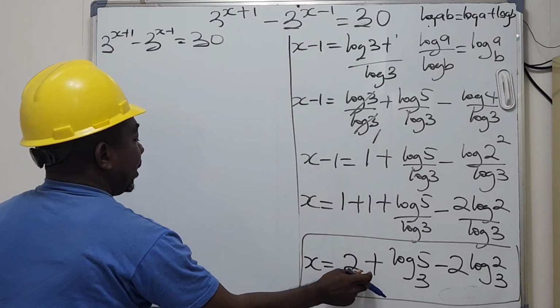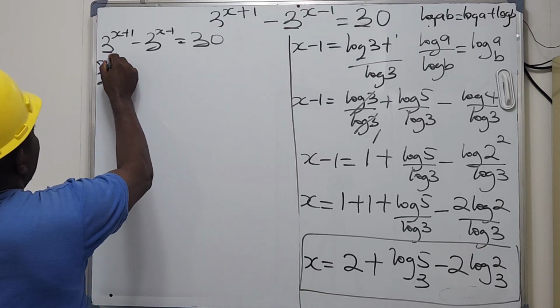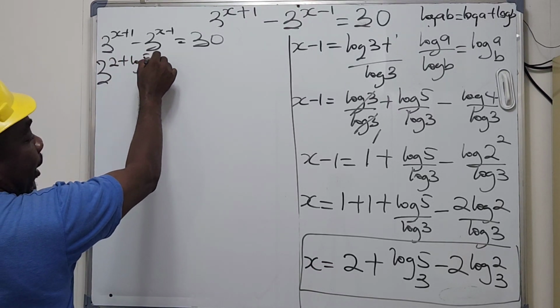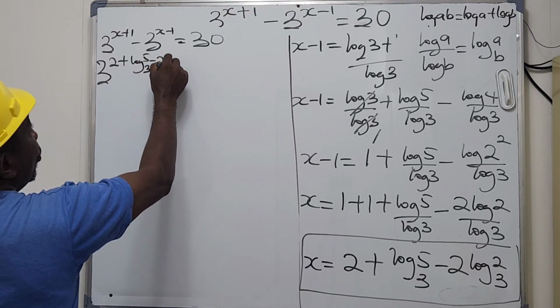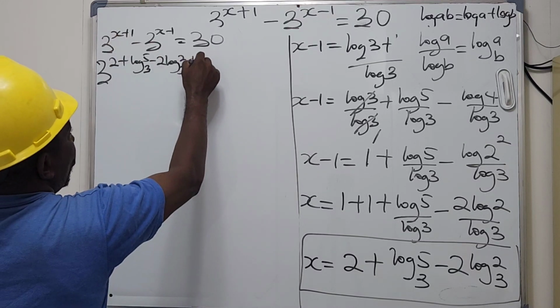So let's try that. So we have here 3 to the power of x will become 3 to the power of 2 plus log 5 base 3 minus 2 log 2 base 3, then we have here plus 1.